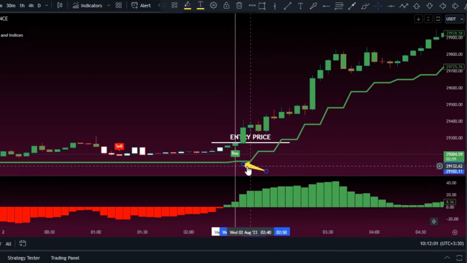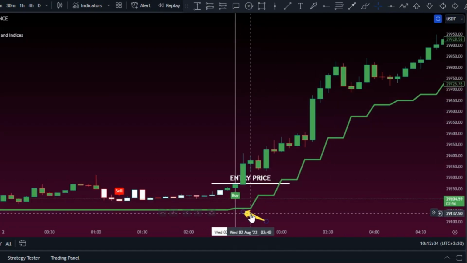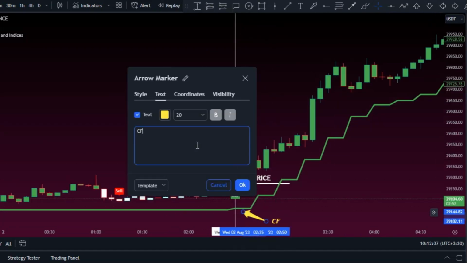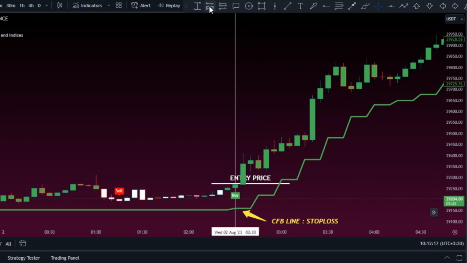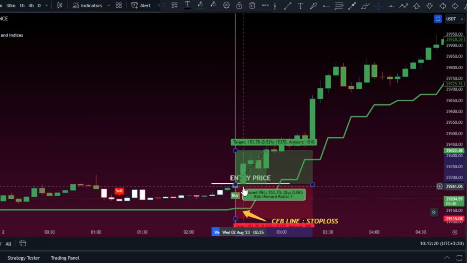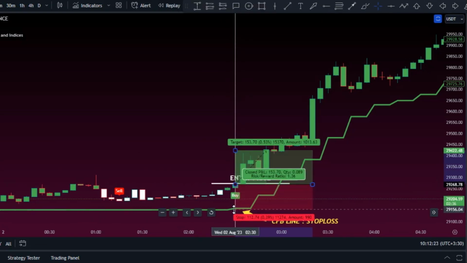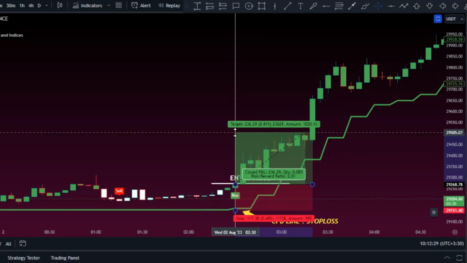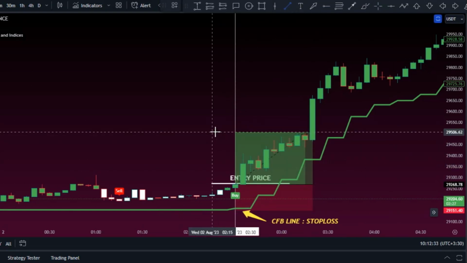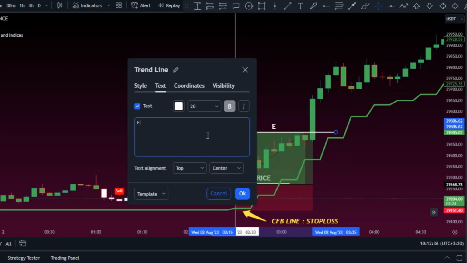After opening the position, set your stop loss at the CFP Trend indicator line. And to take profits, you can exit the trade once the risk to reward ratio of your trade reaches 1 to 2.